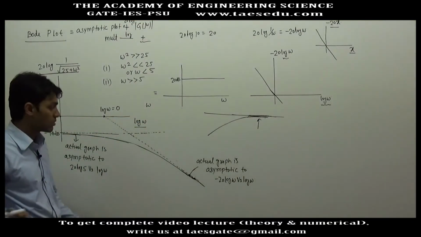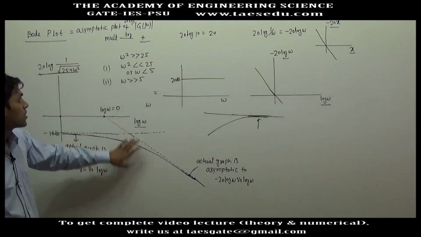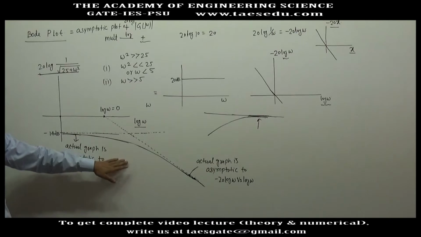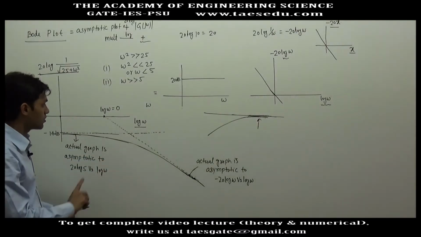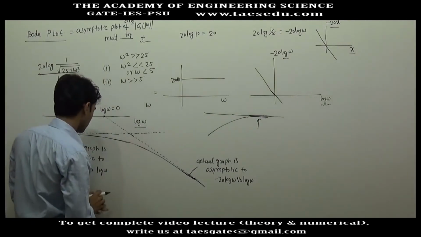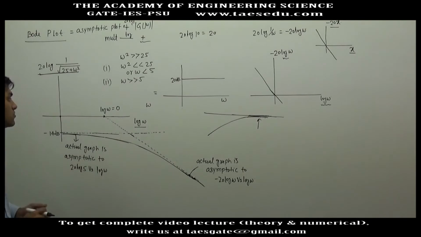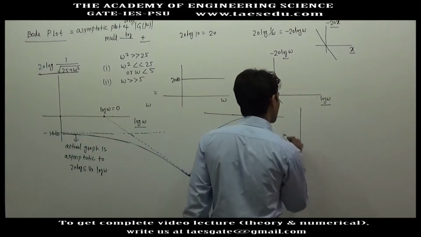What I said is that in a Bode plot we get the asymptotes, and depending upon the transfer function we may have different asymptotes, and we plot only the straight line parts, the asymptotes. Now we have two types of graph.